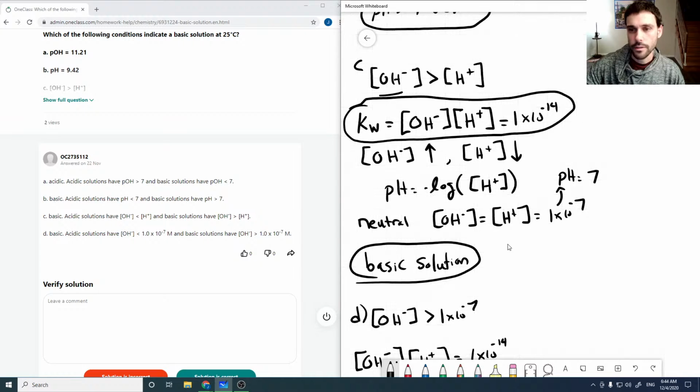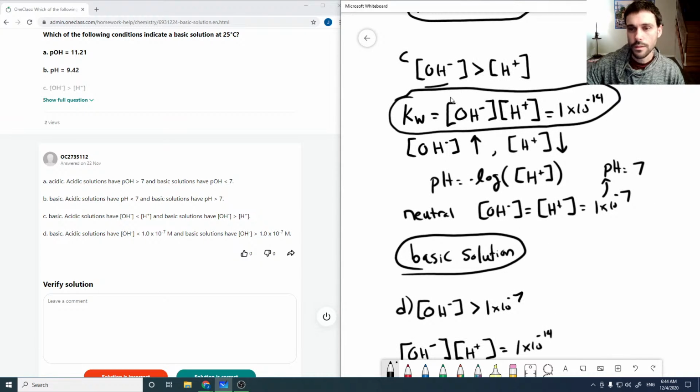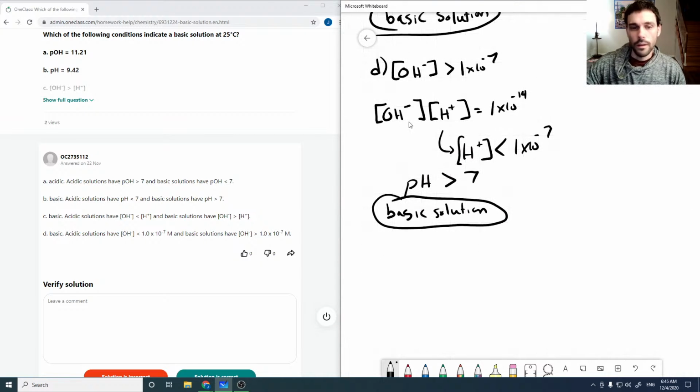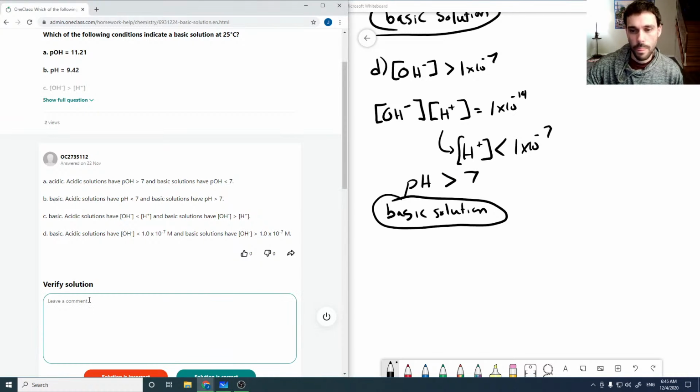Here we had a basic solution again because our OH minus concentration is greater than our H plus concentration, and they're in balance. And here our OH minus concentration is greater than 10 to the minus 7, which again means that our pH is greater than 7 because they're in balance. So this looks good.